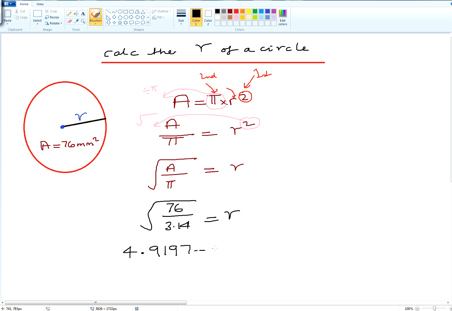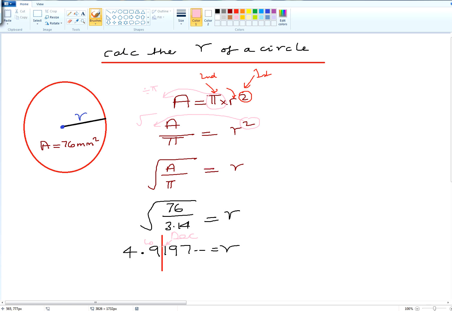4.9197 and so on. Now we're going to round this value off to 1 decimal place. So what we need to do, we need to split the line. This is called the last digit. The next digit here, the number 1, is called the decider digit.